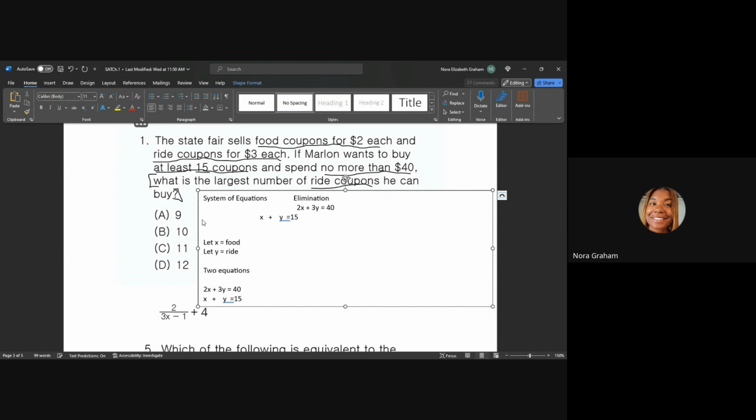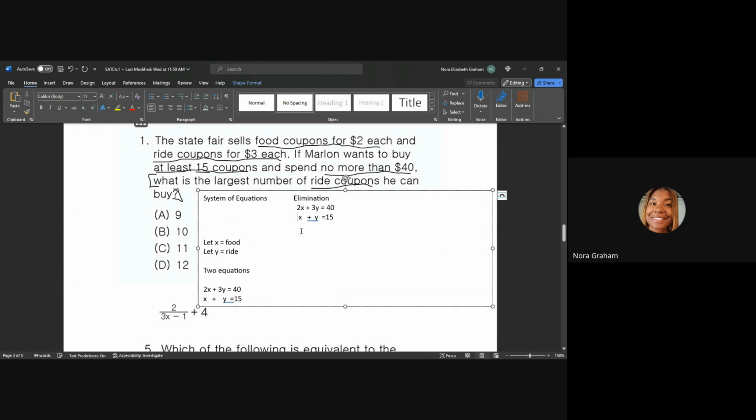So for elimination, our goal is to eliminate either our X or our Y variable by manipulating either our first or our second equation. For this one, I go back up here, and they're asking us for our ride coupons. So our ride coupons are our Y. I don't want to eliminate my Y because they want to know how many Y. So I'm going to try to eliminate my X, the food.